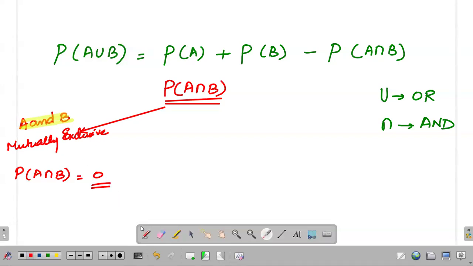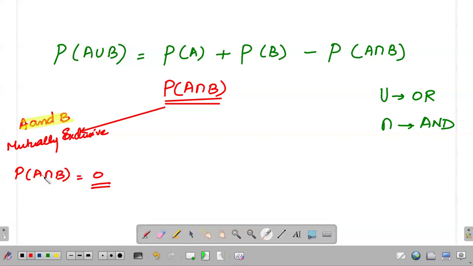Example, tossing a coin. When I am tossing a coin, if it is heads, you definitely know that it is not tails. Tails is not going to happen. In the same way, if it is tails, you know that it's not heads. Got it? So what is the probability that when you toss a coin, you end up seeing heads and tails?